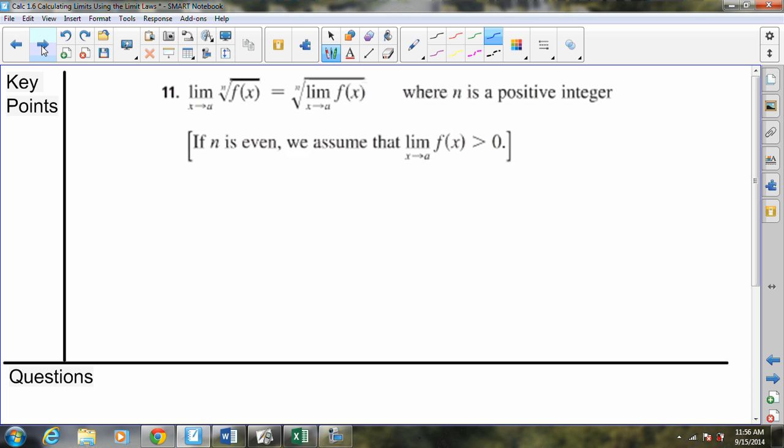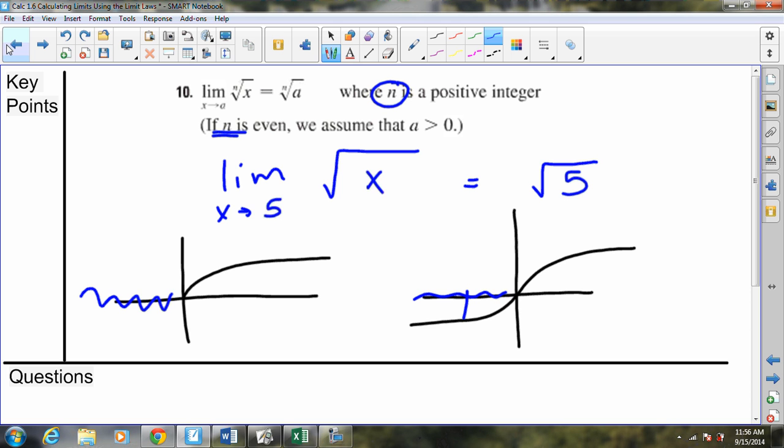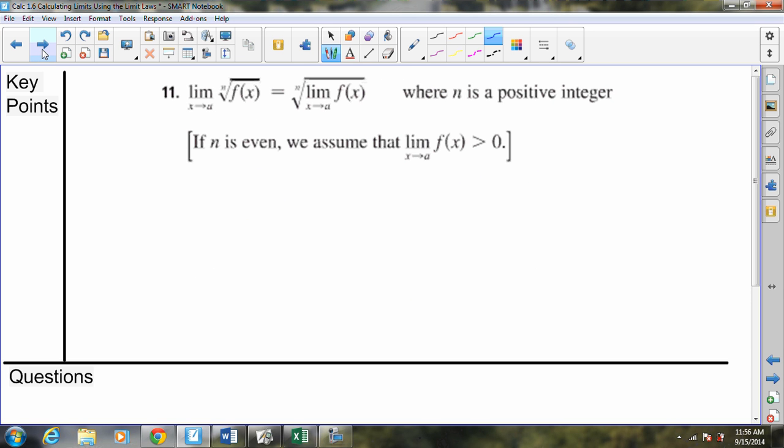Limit law 11. Pretty much the same type of thing. This is for the graph of x. The same rule works for f of x.